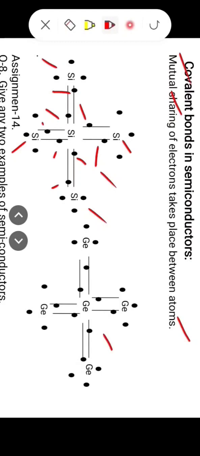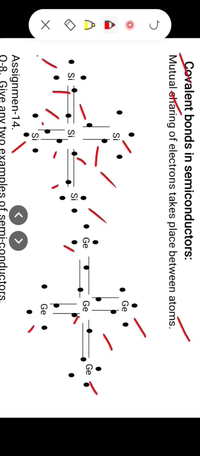Similarly, here we have shown germanium. This is the central germanium atom, which shares electrons mutually with other germanium atoms and becomes stable. So they form covalent bonds.